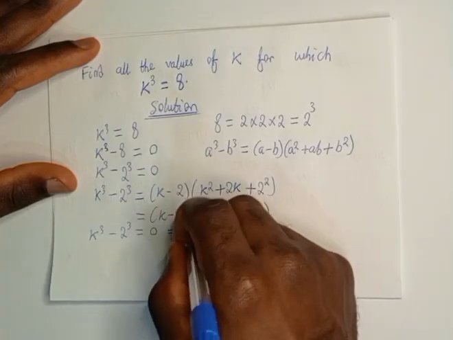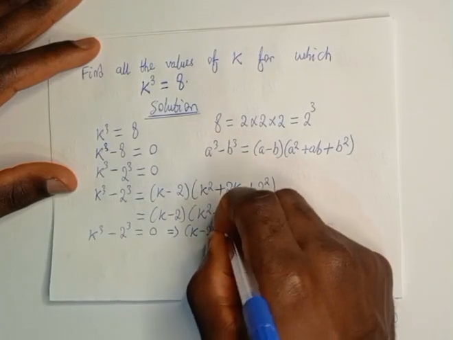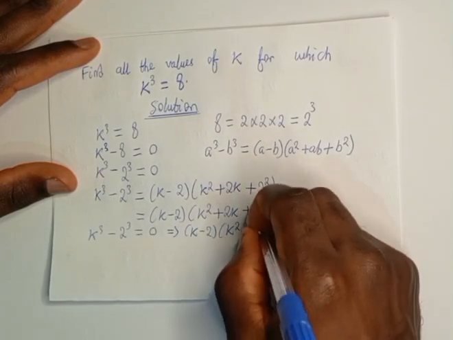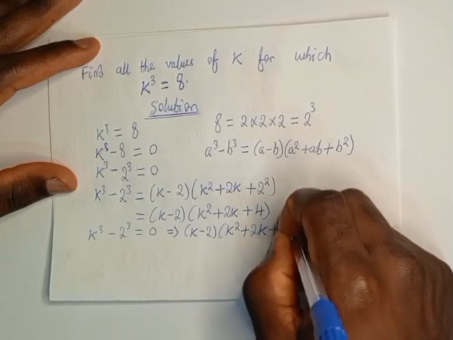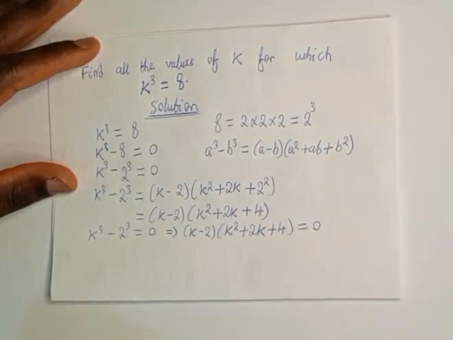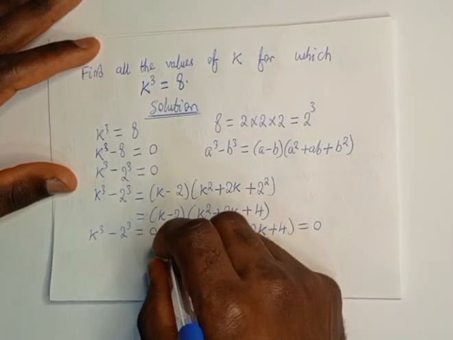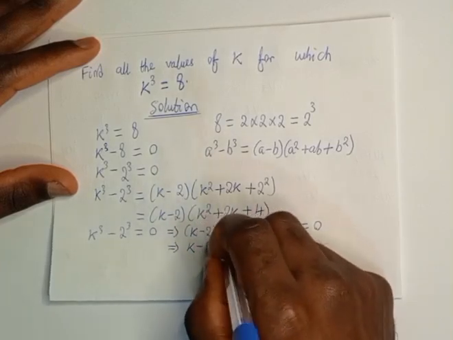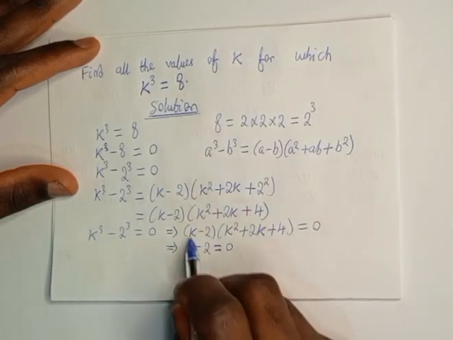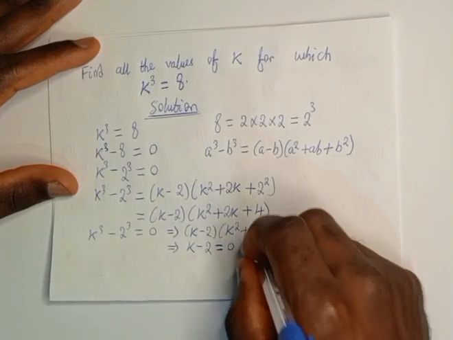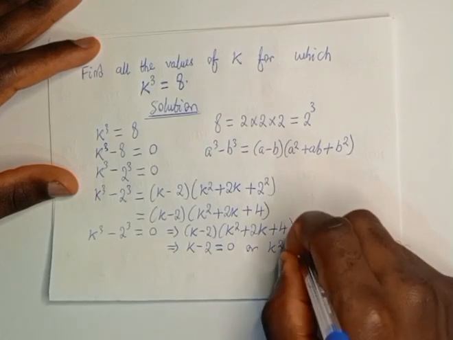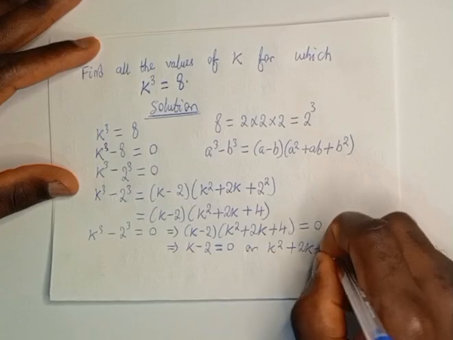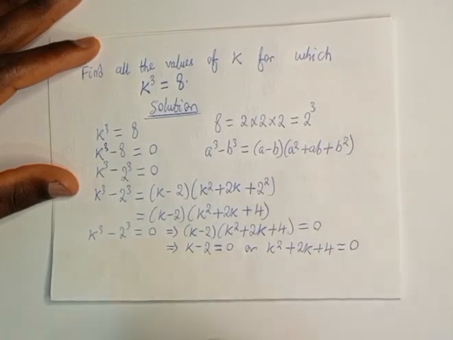Then the product k minus 2 times k squared plus 2k plus 4 is equal to 0. It simply means k minus 2 is equal to 0 for this product to be equal to 0, or k squared plus 2k plus 4 is equal to 0.